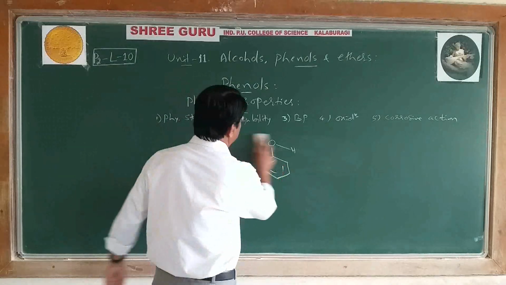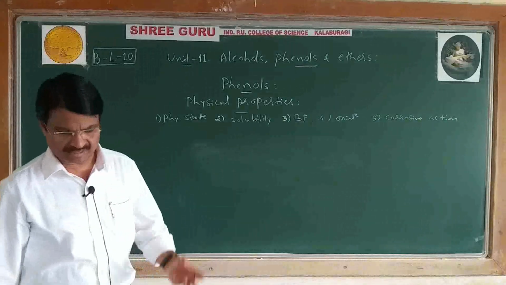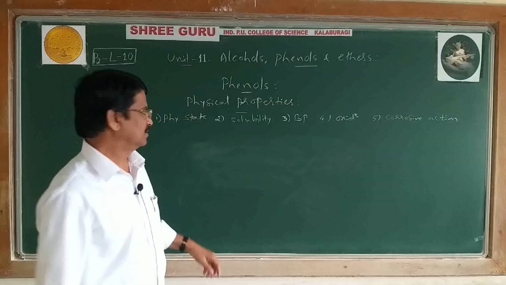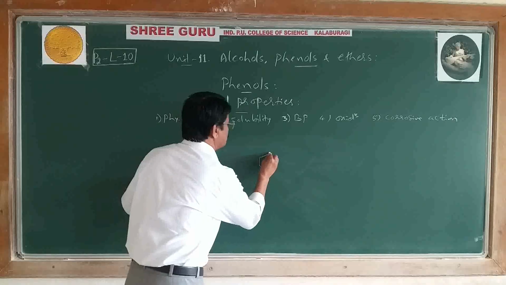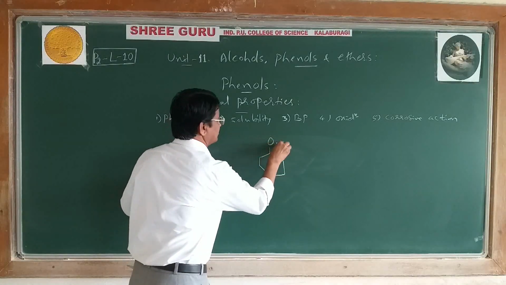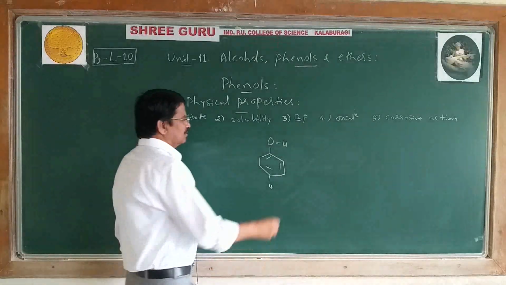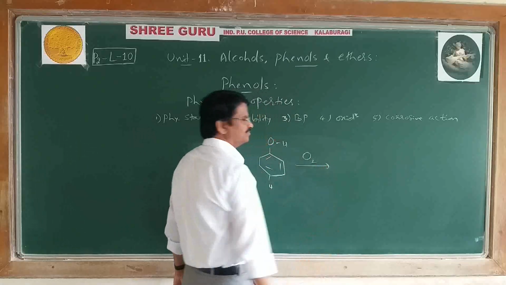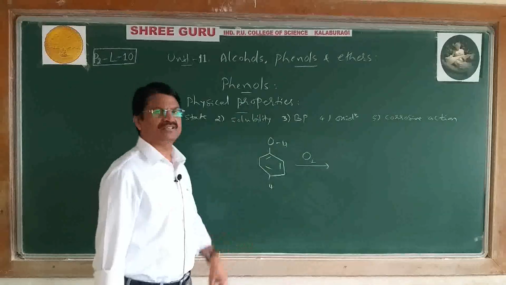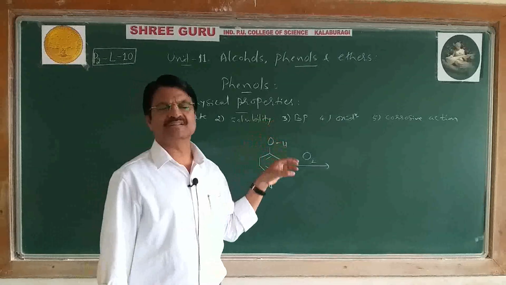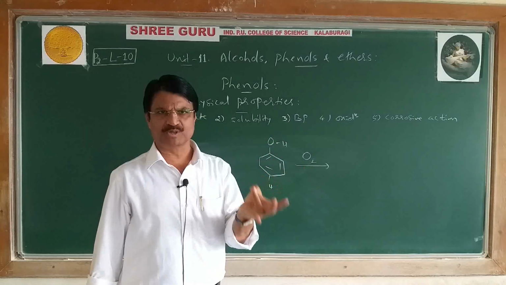Next, oxidation of phenol. See what happens when phenol is exposed to air and light. Phenol reacts with oxygen and undergoes air oxidation, or even oxidation using potassium permanganate or potassium dichromate.